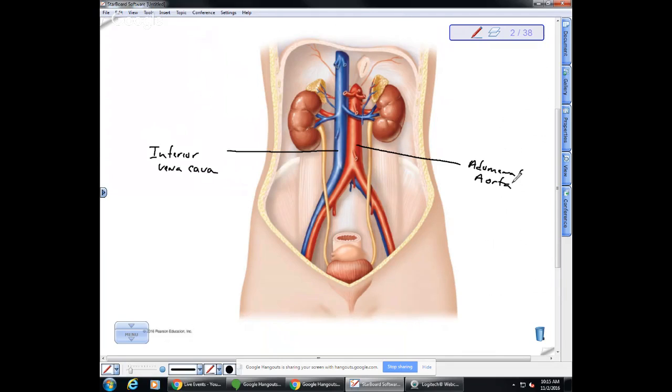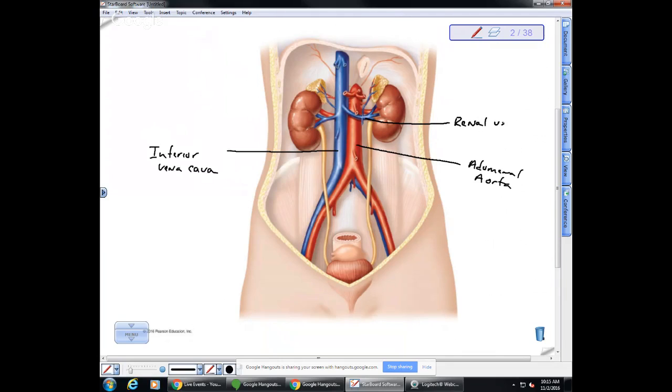And so the branches off of these that go to the kidney, actually, in your book it says that 1/4 of all the blood that's pumped out of the heart goes to the kidney. So the 1/4 of the cardiac output. So that's a huge amount, like it's 1.2 liters every minute, right? So it's a lot of blood that's going to the kidneys. So this blue vessel right here, this is actually called the renal vein.